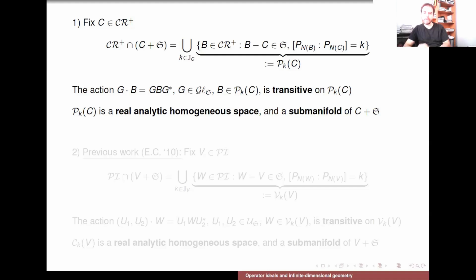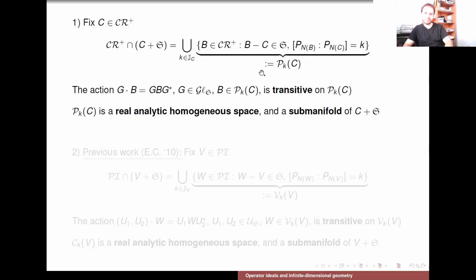Now we have this decomposition for a fixed positive closed-range operator C. It turns out that this set of perturbations can be decomposed again using the index with respect to the projections onto the null spaces.